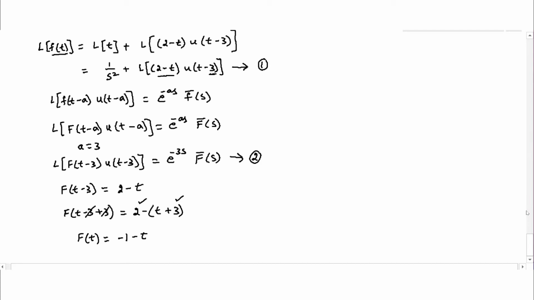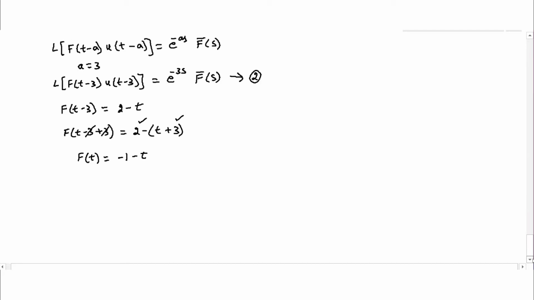Now let us find the Laplace transform. The Laplace transform of F(t) is equal to, if I take the negative sign outside, the Laplace transform of 1 plus the Laplace transform of t, with a minus sign. Now the Laplace transform of a, we know the formula is a by s, that is the first term result.